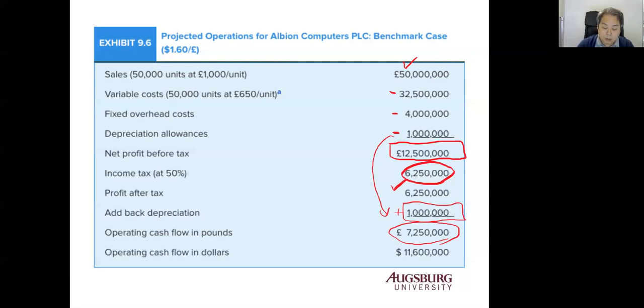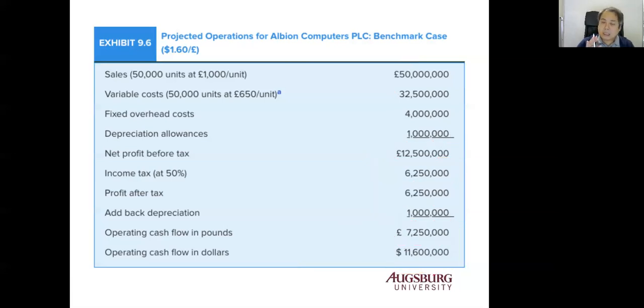And then because the exchange rate is 1.6, in US dollar terms it's going to be $11.6 million. That's the operating cash flow projection. It's quite common, I believe. We practice it a lot in intro finance and financial management classes, how to get the operating cash flow. It's fairly simple.